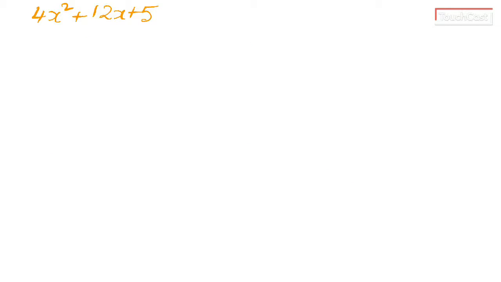I tidied up the board, and now we can only see the result of the multiplication of two odd factors, and that gave me another expression, which is 4x squared plus 12x plus 5. Now my intention will be to investigate if we have a common factor of 2.